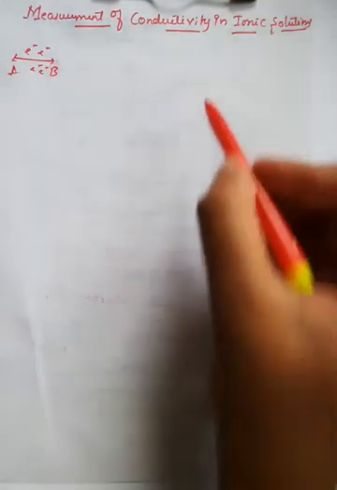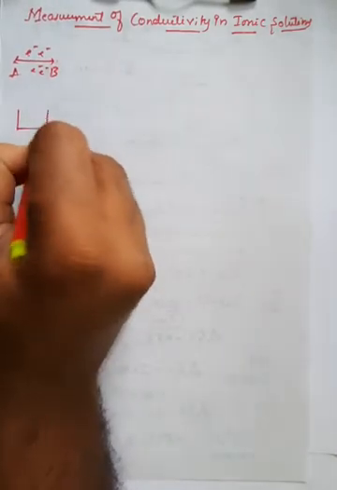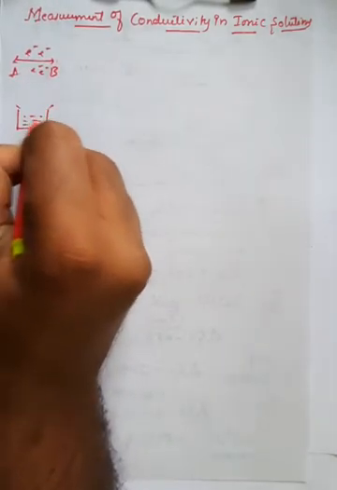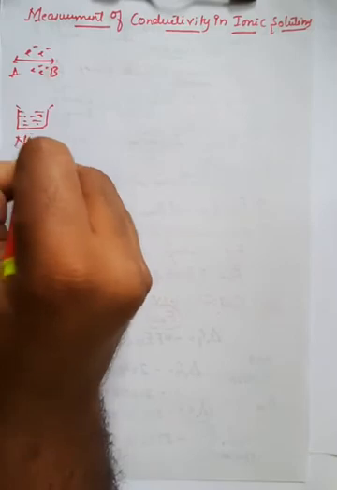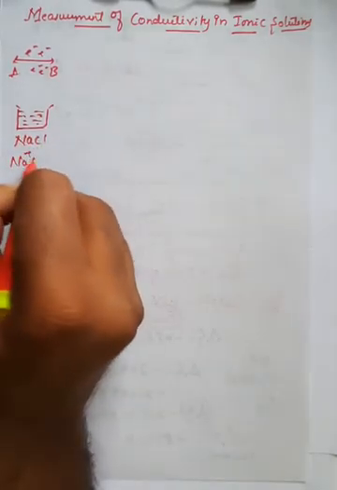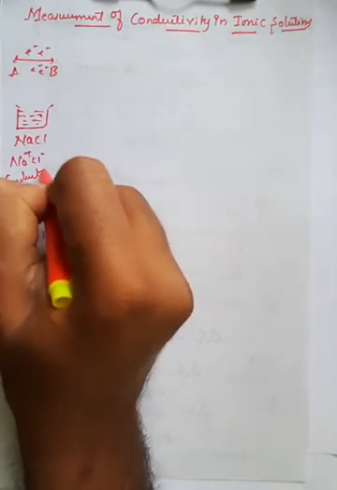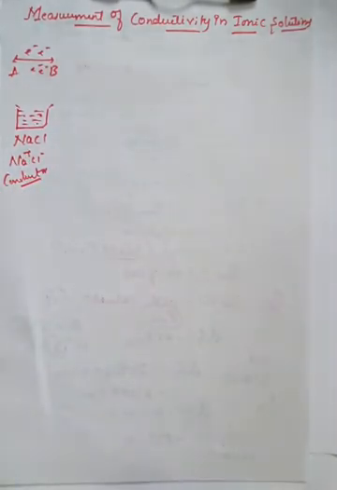Here we are talking about the conductivity of ionic solutions, that is, the conductivity of an electrolytic solution. For example, if you take NaCl, during the reaction it may convert into Na+ and Cl-. Whether this will act as a conductor, a semiconductor or an insulator, we will study in this case.